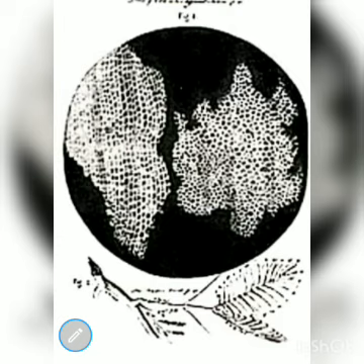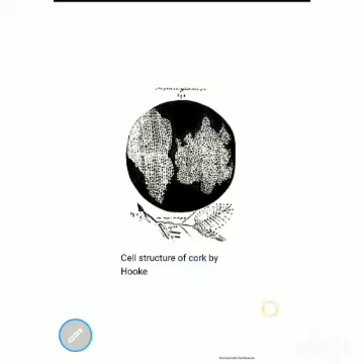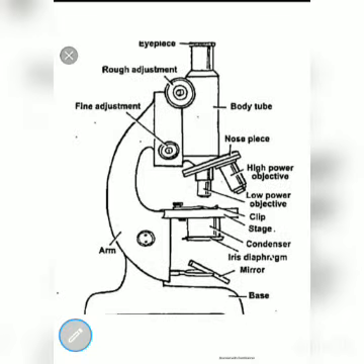They observed that the cell is composed of some liquid content inside it, which is called the protoplasm, the living content of the cell. Look here, this is the compound microscope. By using such a microscope, science has discovered the cell into its ultrastructure.